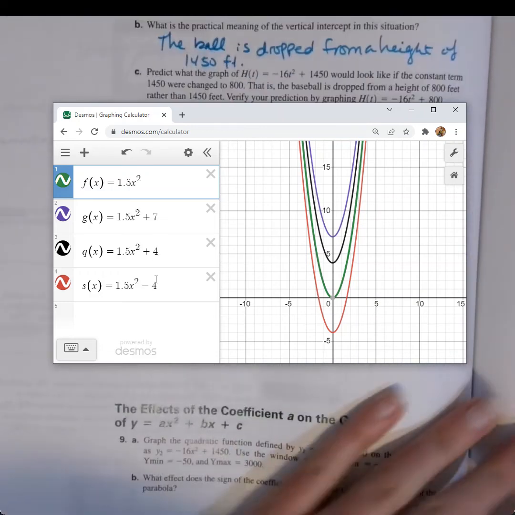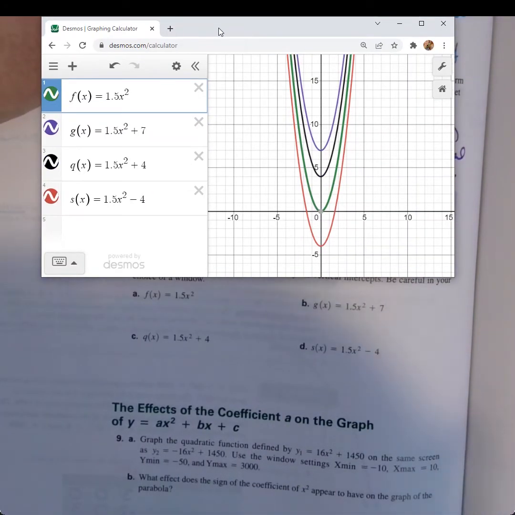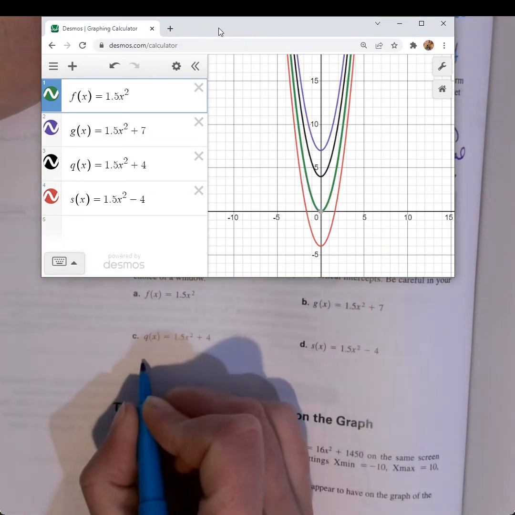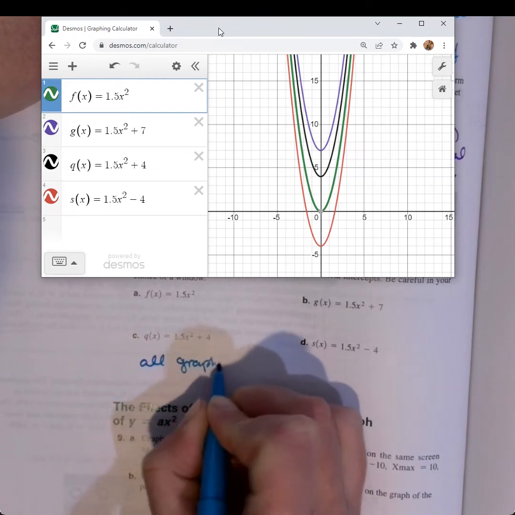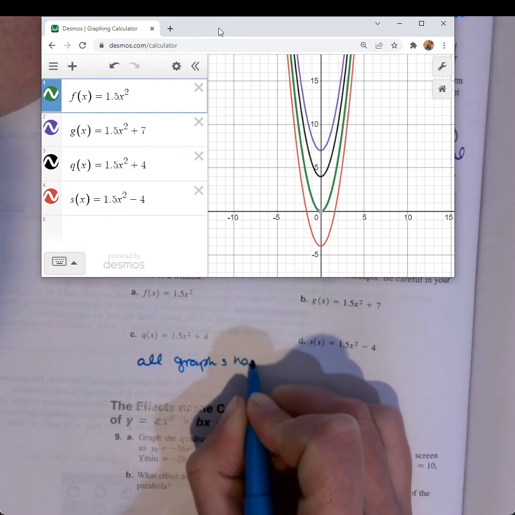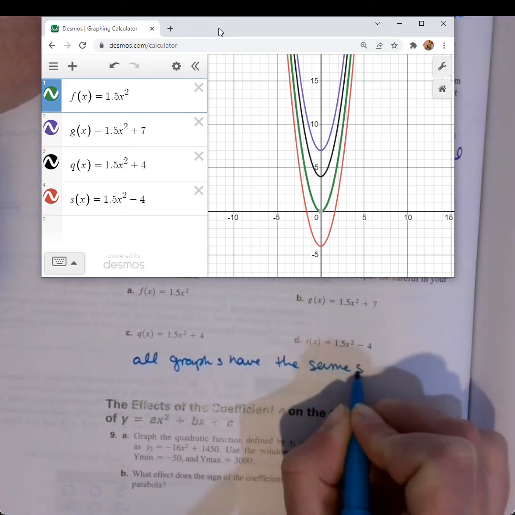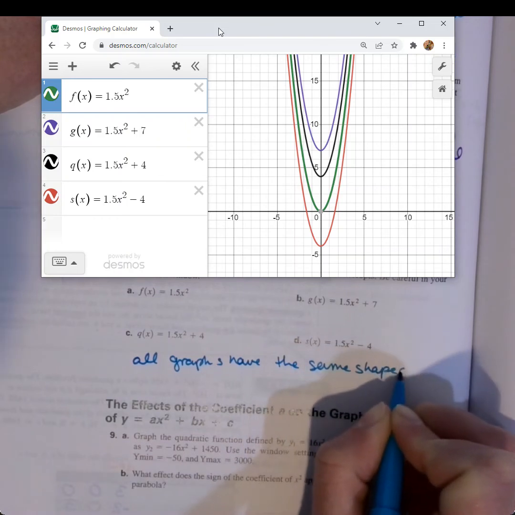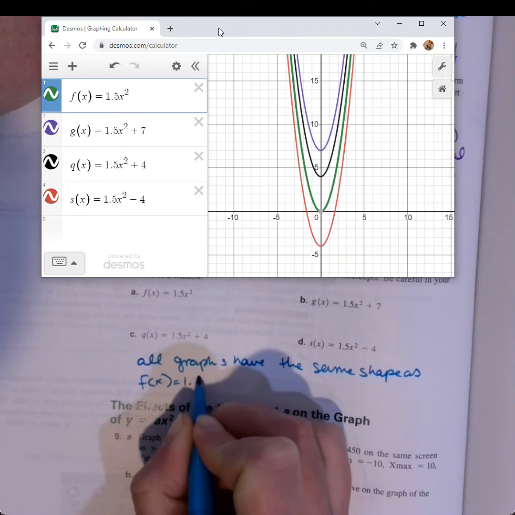Okay, so I'm going to make notes here. Let me pull the decimals part up and say that all graphs have the same shape as f of x equals 1.5x squared.